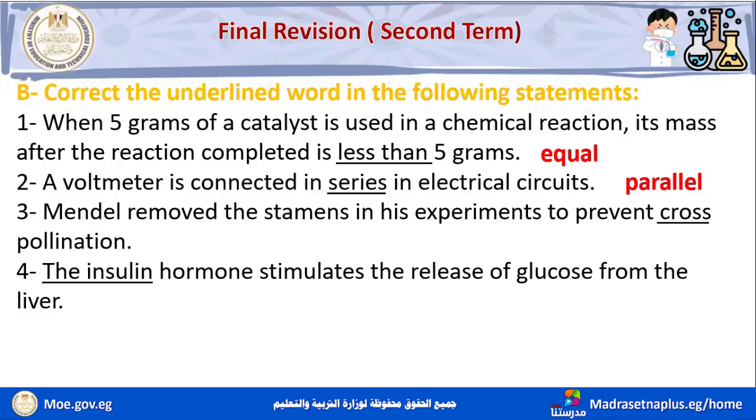Mendel removed the stamens in his experiments to prevent self-pollination. Question number 4, the insulin hormone stimulates the release of glucose from the liver. The glucagon hormone stimulates the release of glucose from the liver.